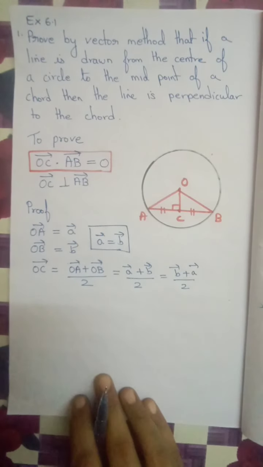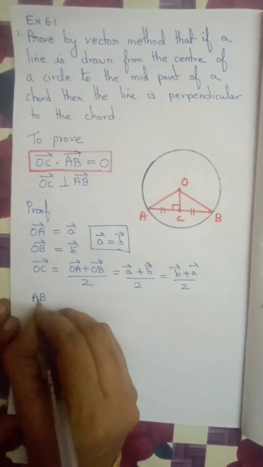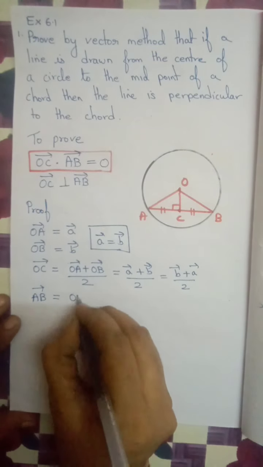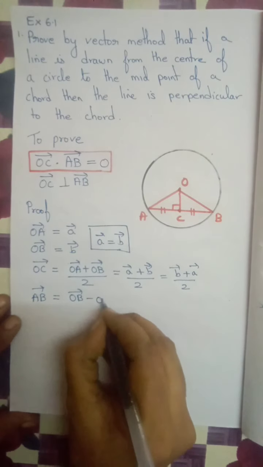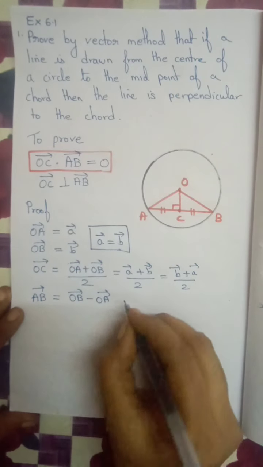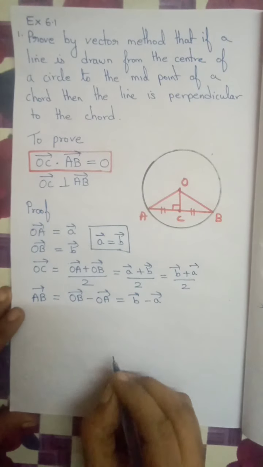The meaning is the same. Now let me write AB vector. What we have learned in 11th is AB vector can be written as OB vector minus OA vector. So OB vector minus OA vector means it is B vector minus A vector.